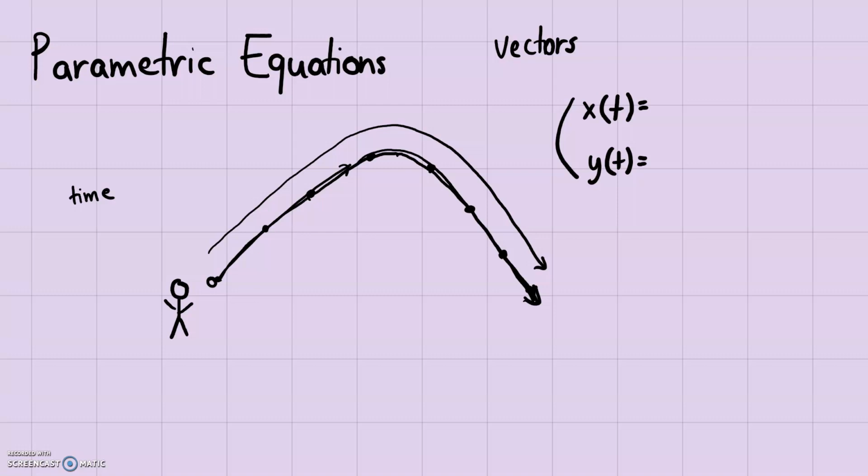So the x movement of this ball, let's say that the ball was thrown at 10 meters per second, and it was thrown at a 60 degree angle towards the sky. So the x movement of this can be modeled by 10 times cosine of 60 times t.